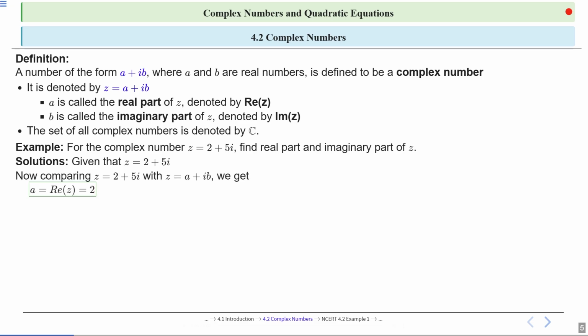Comparing z equal to 2 plus 5 iota with z equal to a plus iota b, we get a equal to real part of z equal to 2. Here b equal to imaginary part of z is 5.